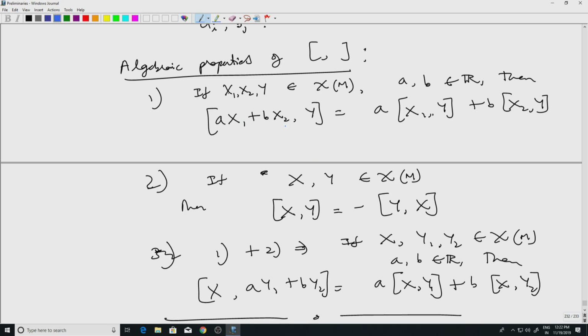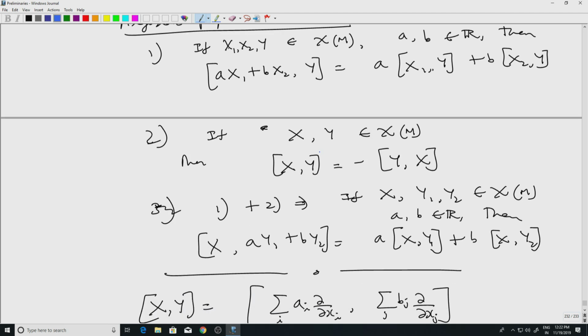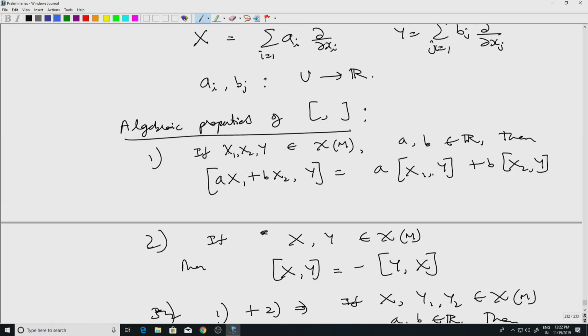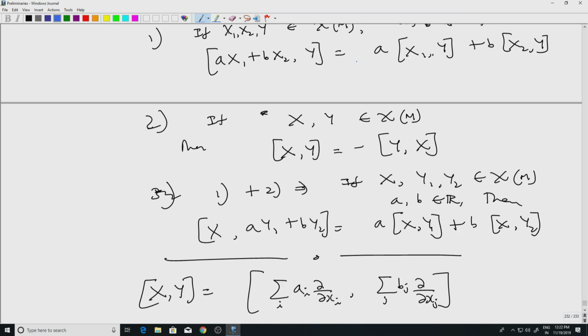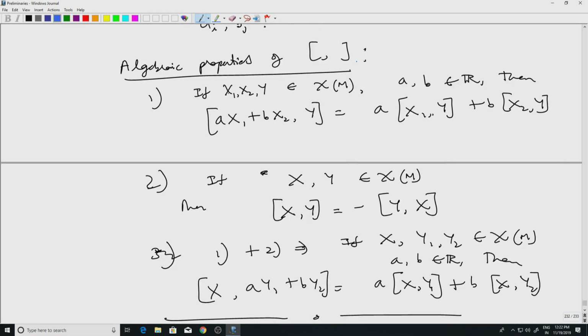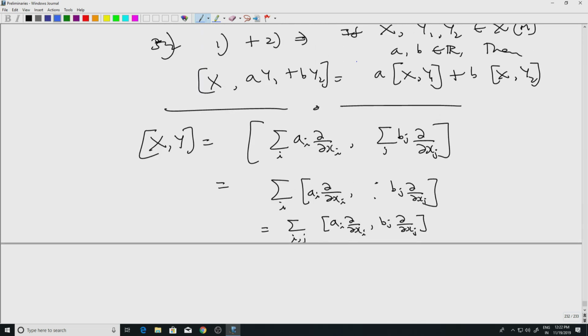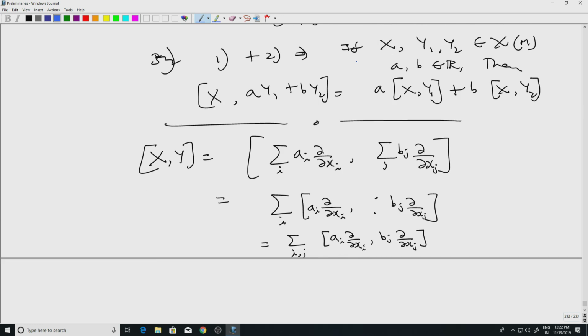Here I've written it just for the first slot, but it's also antisymmetric, which will imply it's linear in the second slot as well. There is another crucial algebraic property of the Lie bracket of vector fields, which I'll call the Jacobi identity, which I'll mention in this lecture or perhaps the next one.